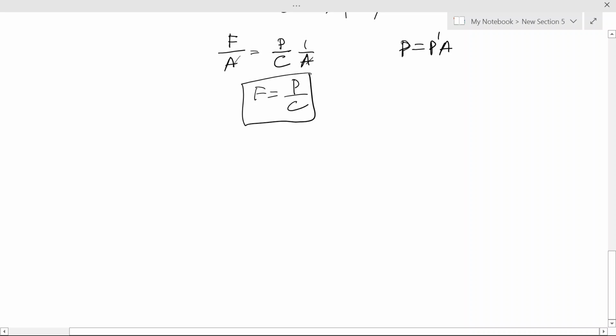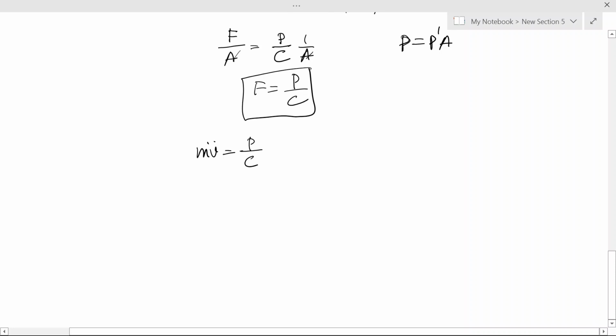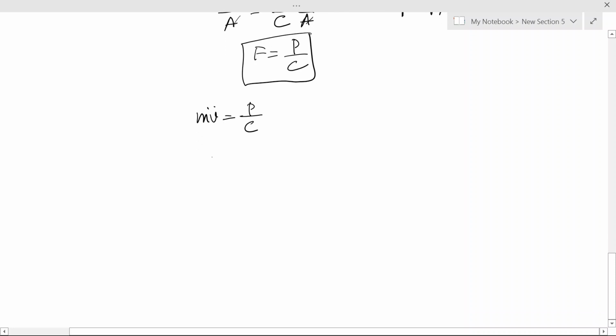Okay, so now we know the force on the particle, we can simply use Newton's equation of motion. It is m v double dot is equal to force is equal to P by C. Sorry, not m v double dot, it is m v dot. So mv is equal to Pt by c plus some constant k, but it will be zero, as it has been said the particle starts from rest. So at t equal to zero, its velocity will be zero.